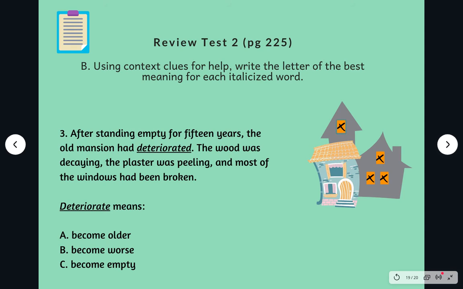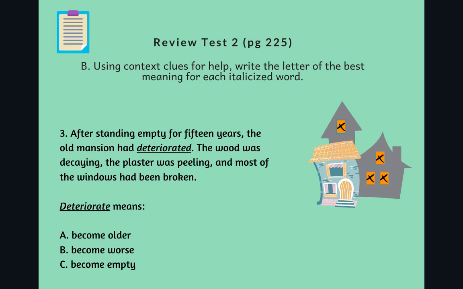All right. Question 3. After standing empty for 15 years, the old mansion had deteriorated. The wood was decaying, the plaster was peeling, and most of the windows had been broken. So those details are going to help us understand what deteriorate means.